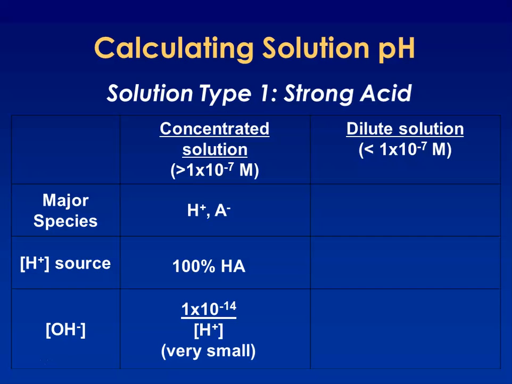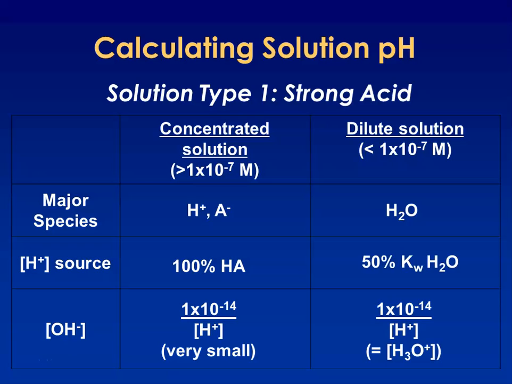Super duper small. If you happen to have a strong acid solution that is very dilute, that ends up having a greater concentration of hydrogen ions due to water than due to the acid, water is going to determine its pH. 50% of the Kw of water would be your hydrogen ions.